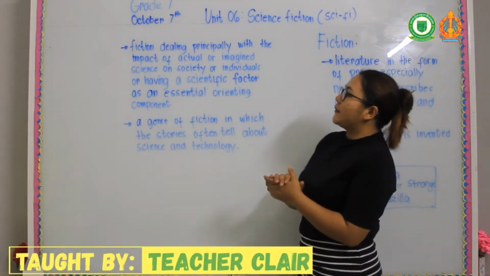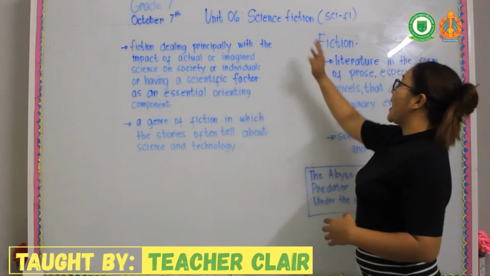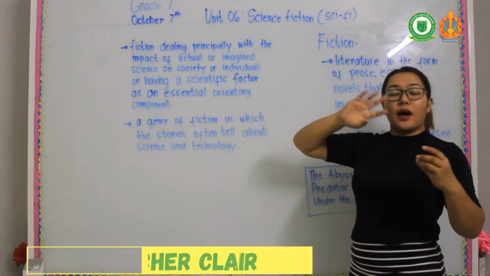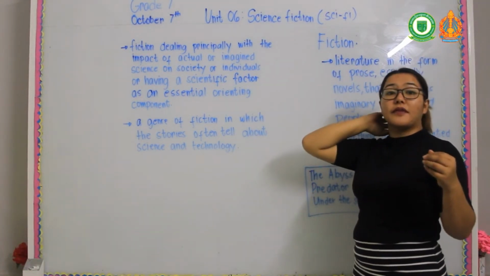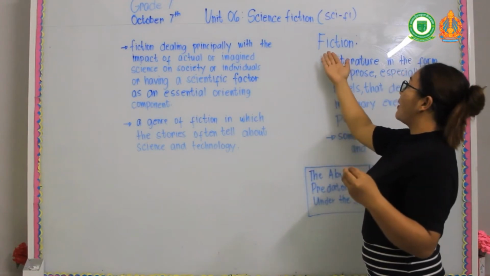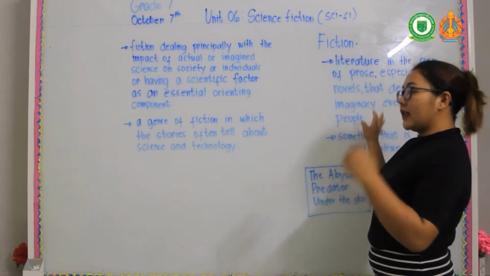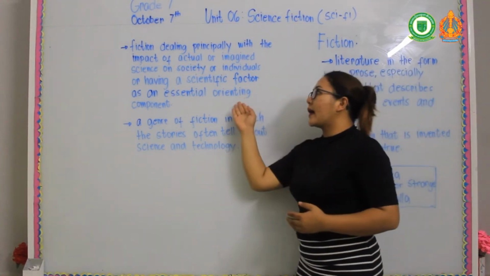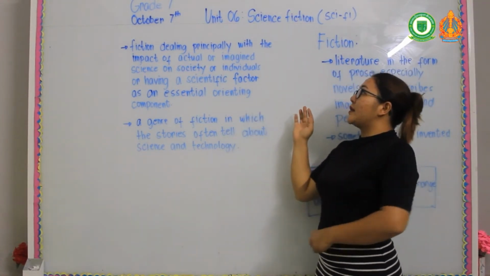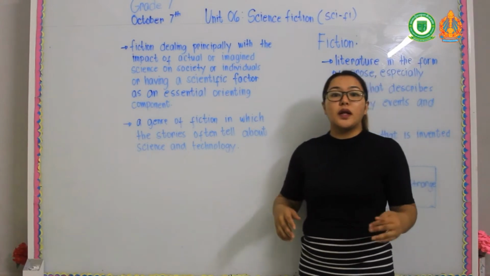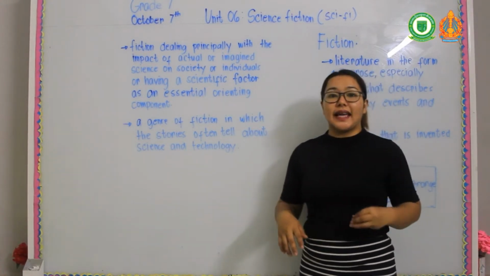So fiction. Science fiction is a type of fiction, okay? So we have fiction here, which we will discuss later. So again, going back, science fiction is dealing principally with the impact of actual or imagined science.